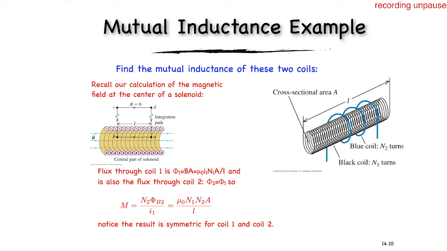So we have to work through how much magnetic field is produced by a current in solenoid 1, figure out how much flux that produces through coil 2, and then once we know that, we can find the mutual inductance from that total flux through coil 2 divided by the current in coil 1 that produced it.